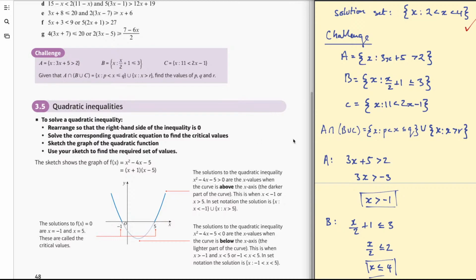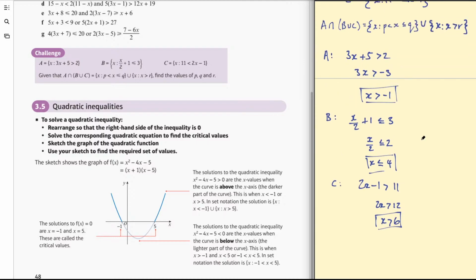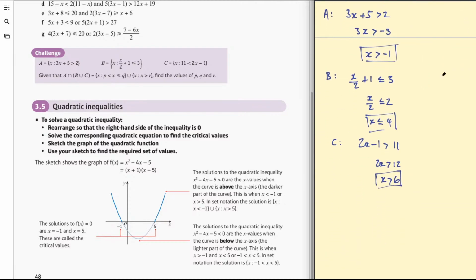B union C. Okay, so let's have a look at these inequalities B and C. So x less than or equal to 4 and greater than 6.